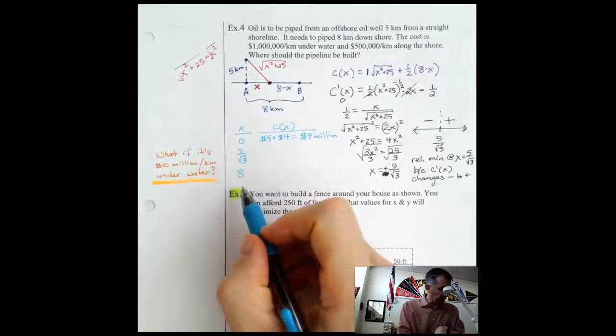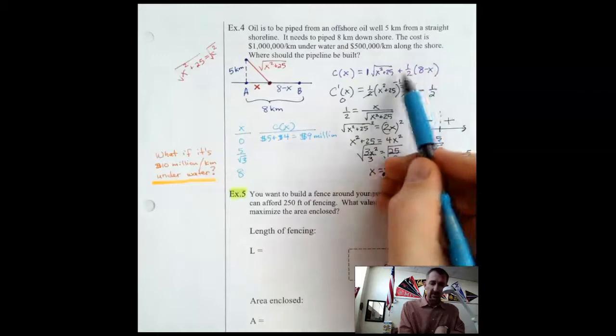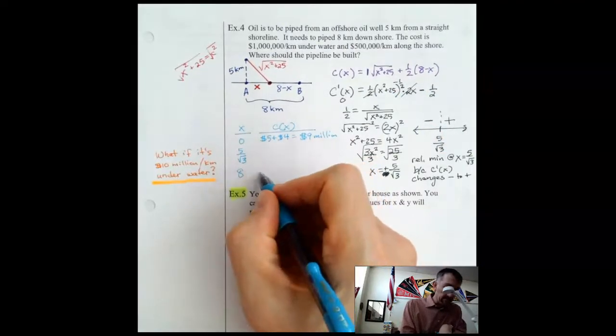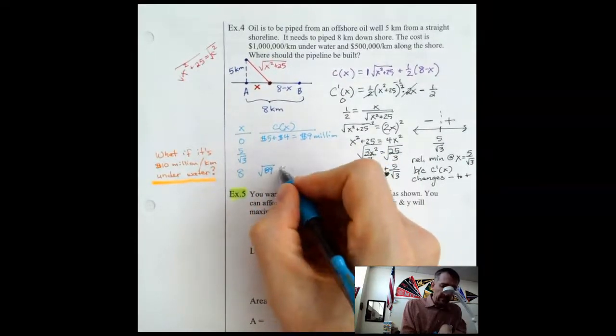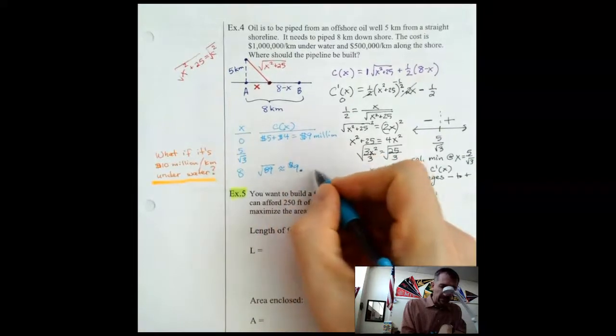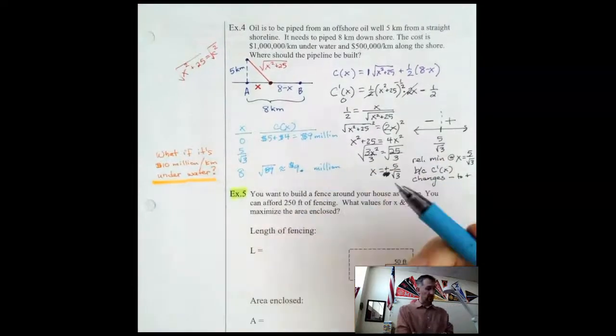Now if we build it all the way underwater, that would be 8. 8 minus 8 is 0. That part would be gone. This would be the square root of 89. And the square root of 89 would be 9 point something million. So that would cost more than that.